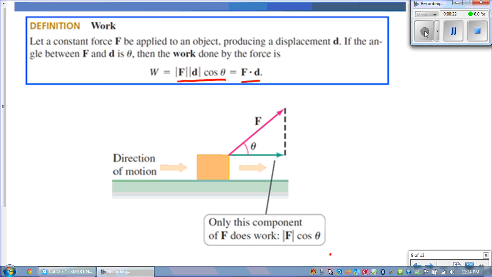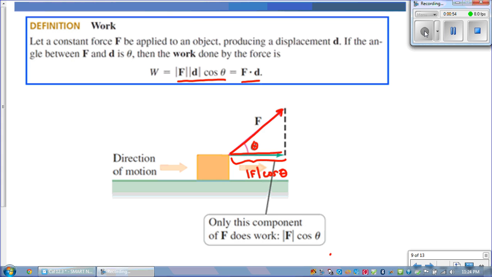So we have a force F that's acting on an object in a certain direction that makes an angle theta with the direction of motion. To calculate the work done, we're finding the magnitude of F times the magnitude of D cosine theta, which, remember, the length of this vector is the magnitude of F times cosine of theta.